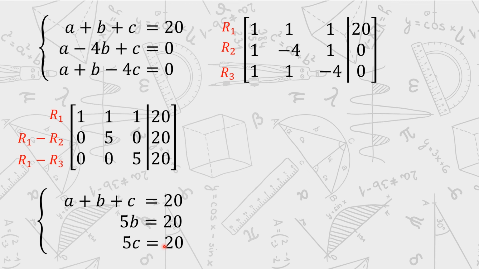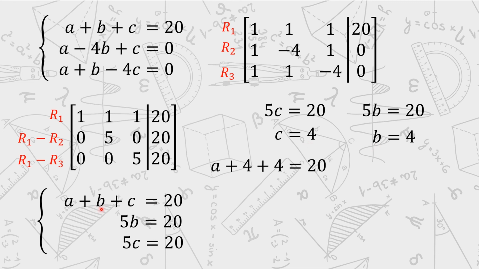Solving for A, B, and C, since 5C is equal to 20, dividing both sides by 5, we have C is equal to 4. Also, from the second equation, we have 5B equals 20, dividing both sides by 5, B is equal to 4. And substituting B equals 4 and C equals 4 to the first equation, we have A plus 4 equals 20.